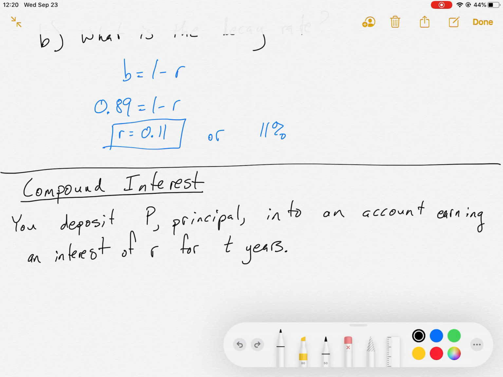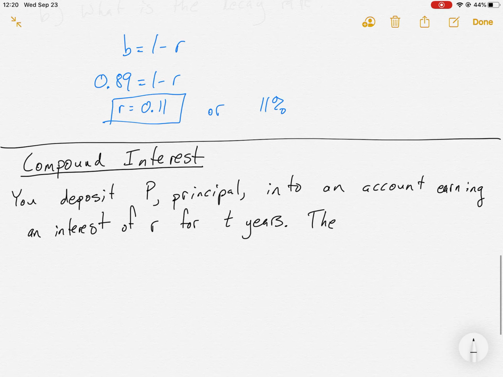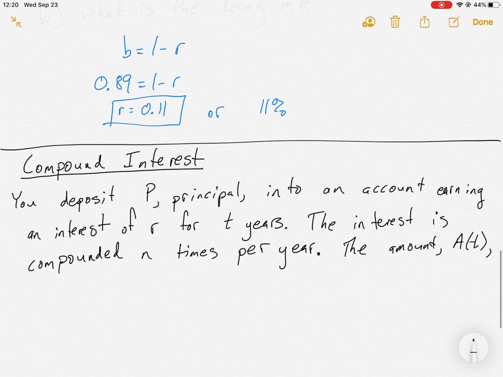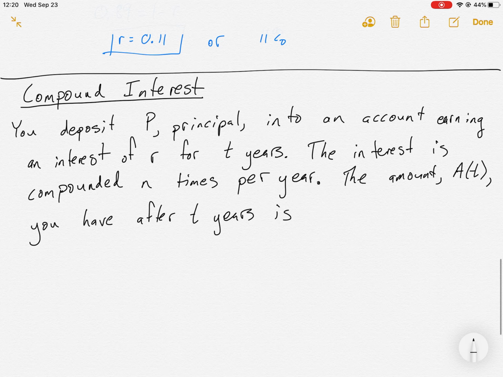The interest is compounded n times per year. The amount, which we'll call A of T, you have after T years is given by this formula.